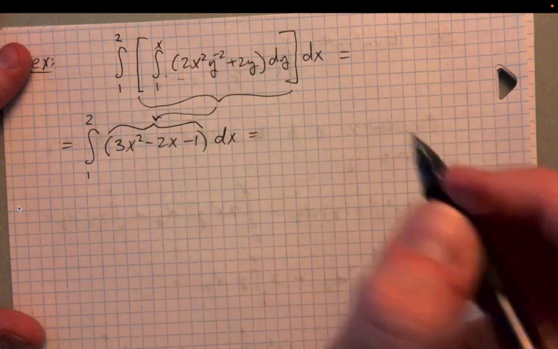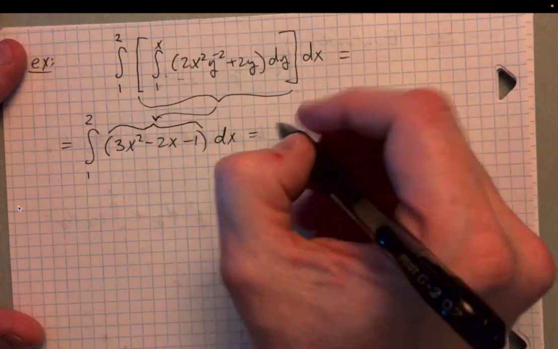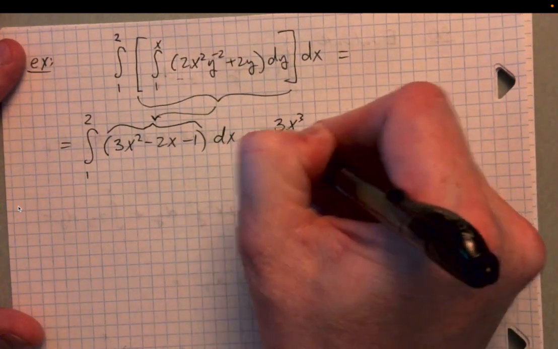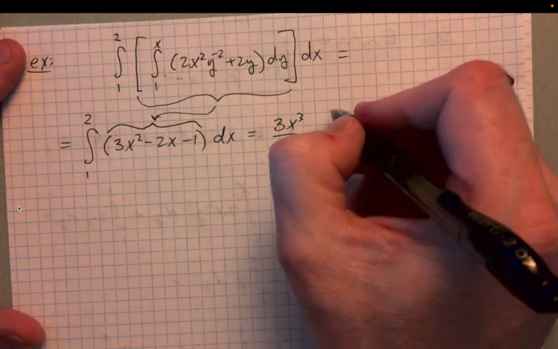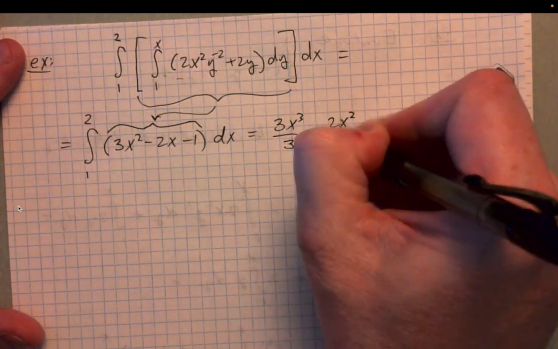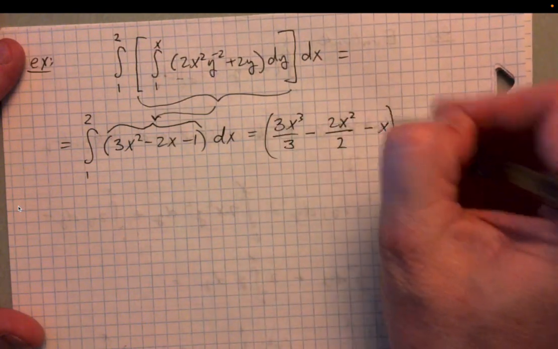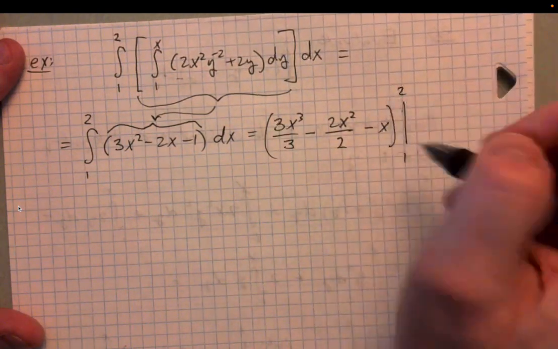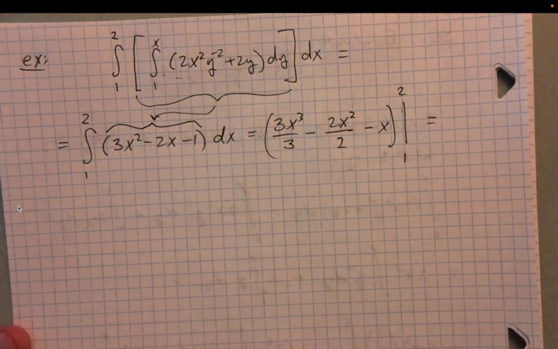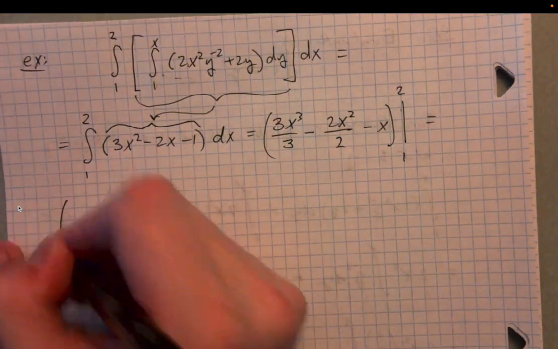And so this one is, what do we get here? We get 3x cubed over 3 minus 2x squared over 2 minus x, and that's going to be from 1 up to 2. And so we can evaluate this.